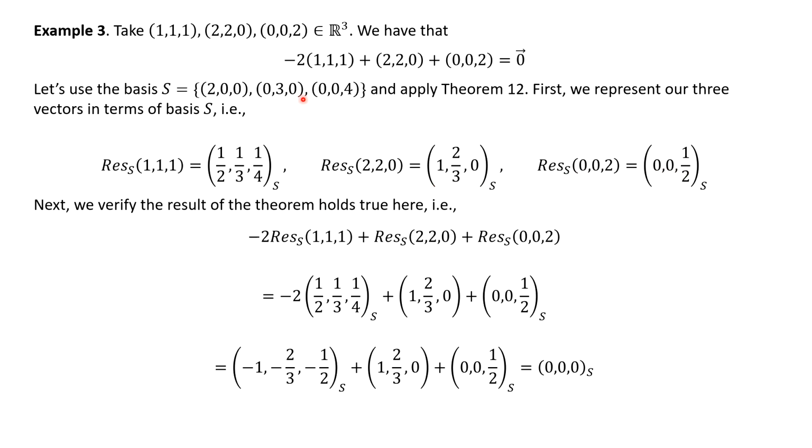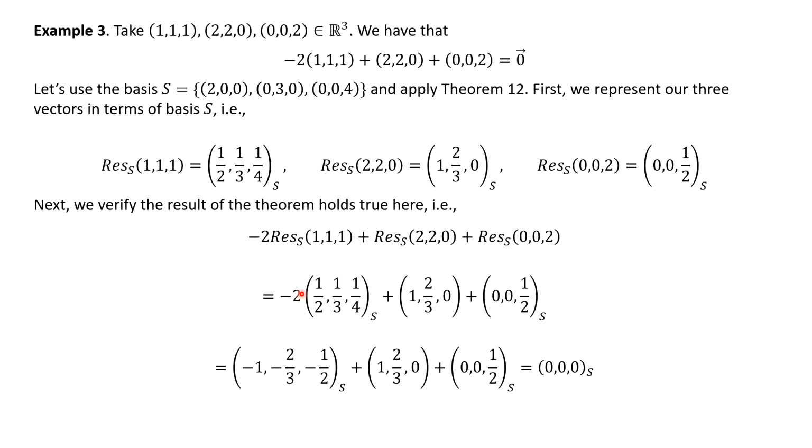And so if we take the minus 2, and then the 1, and then the 1, and add those together, just plugging in these values for the three representation vectors, we have this.